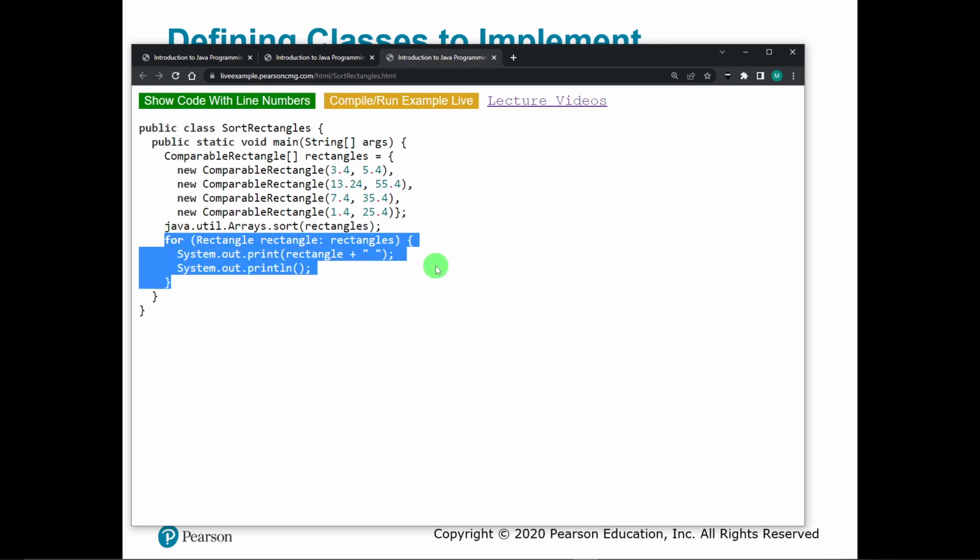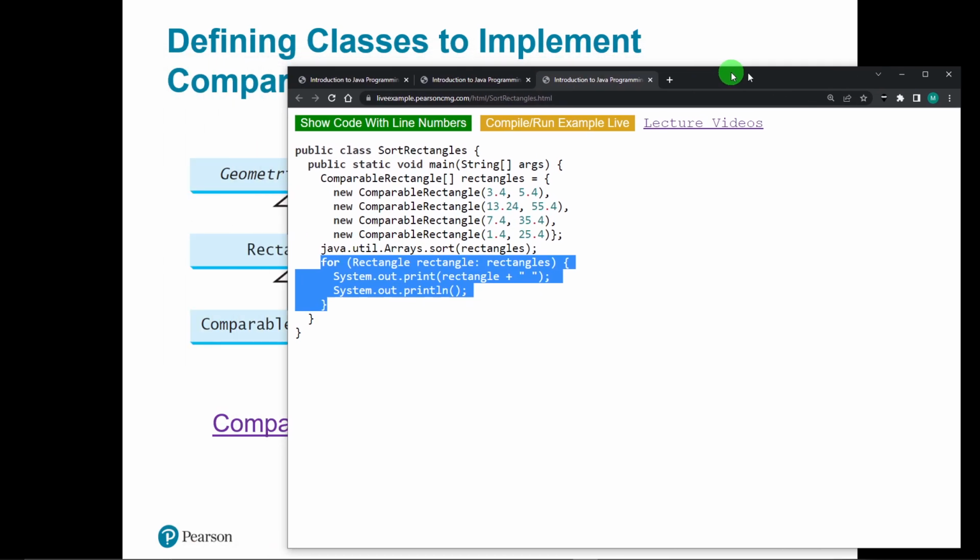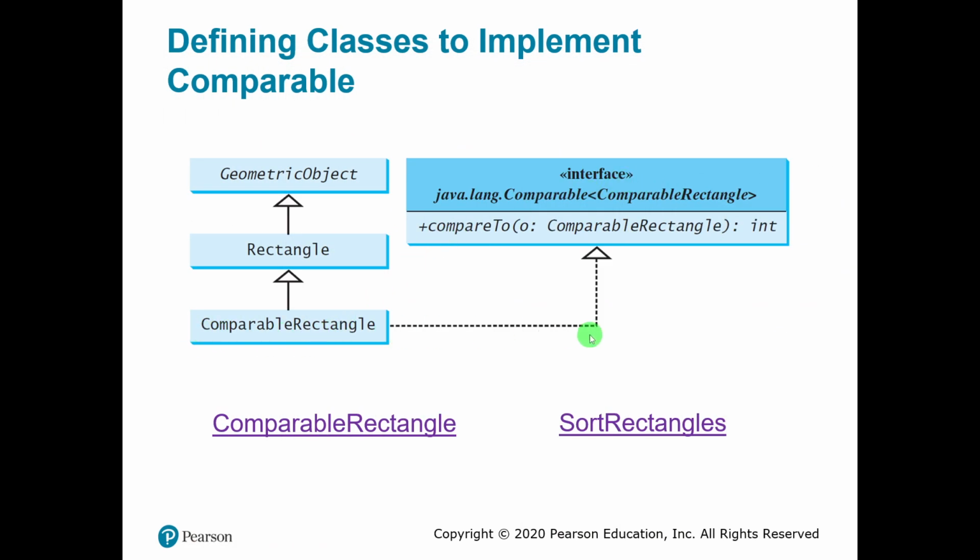So by implementing some of the interfaces that are built into Java, like Comparable, we have utilities like sorting available to us because our classes implement those interfaces. We can use the ones that are built in, like the Integer compareTo or the String compareTo, but we can also write our own, like we did here for ComparableRectangle.